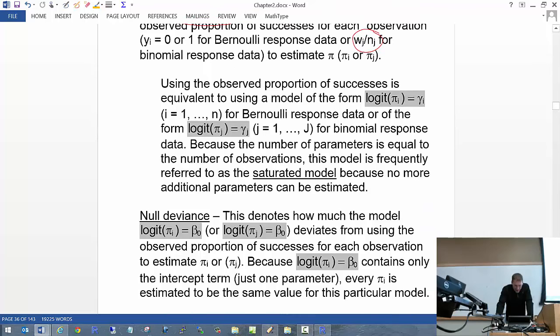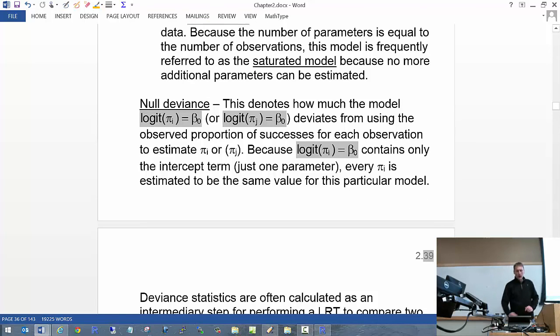Now there's also something then called the null deviance. And this is actually a place where the model that we were just talking about comes up. The null deviance is usually not very useful, but you see it in the output a lot, so that's why I want to bring it up. And all it does is compare the model that has no explanatory variables in it to the saturated model.